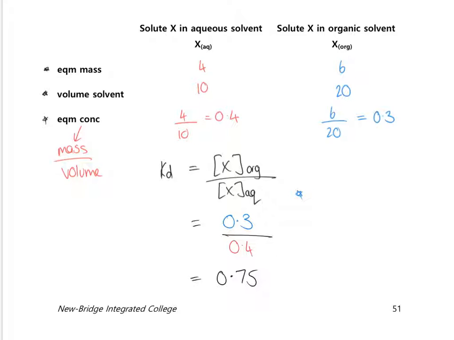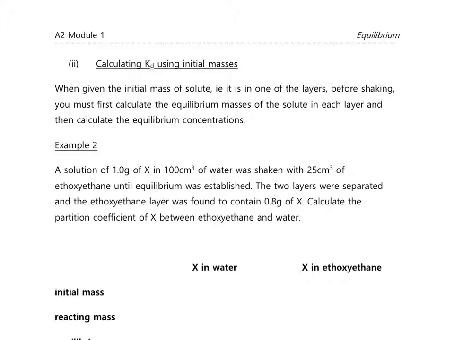But that is it. Simply work out your concentrations in each layer and then put them into your expression of KD. The calculations are slightly more complicated if you're given the initial masses rather than the equilibrium masses. This would be the case if all of our solute was initially dissolved in one of the layers and then shaken with the other solvent, and then it would distribute between the two layers.